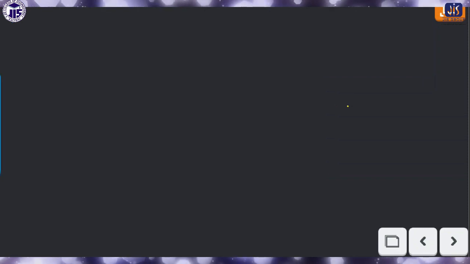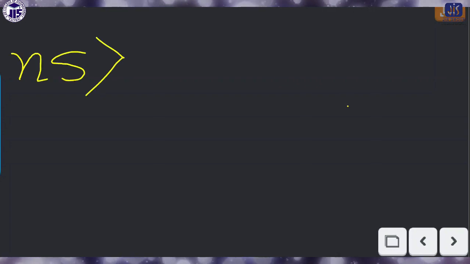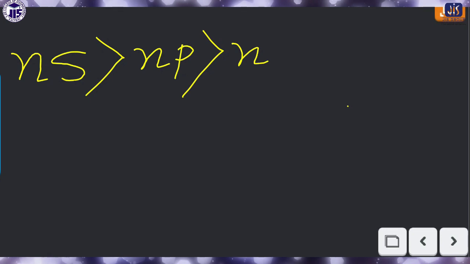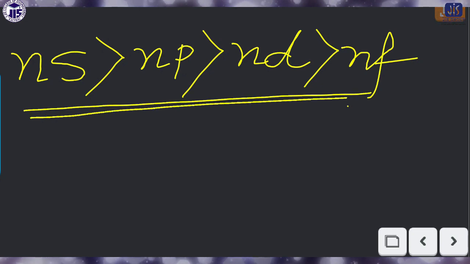That means if an electron enters the NS subshell, it will have the highest electron affinity, then NP, then ND, then NF. So you have to keep in mind this order: electron affinity value largely depends on NS, NP, ND and NF.